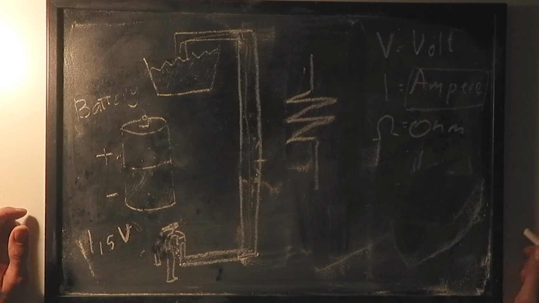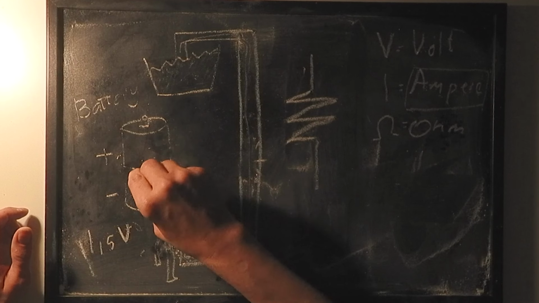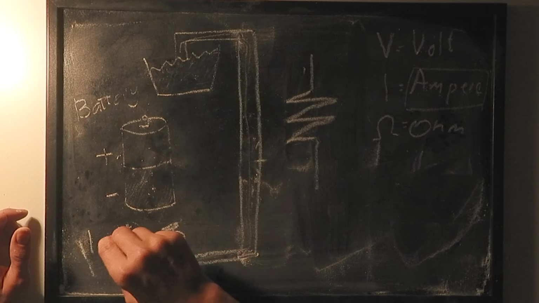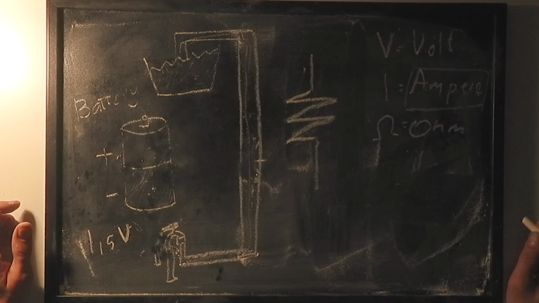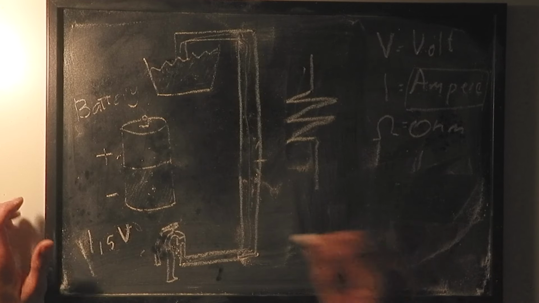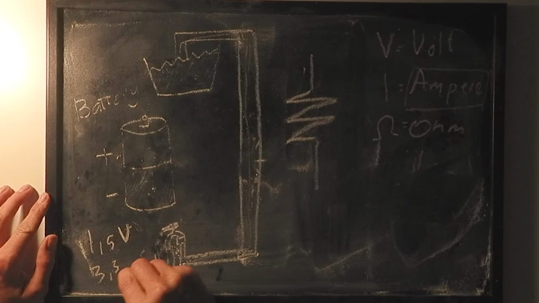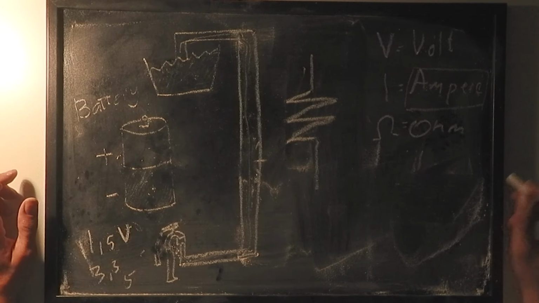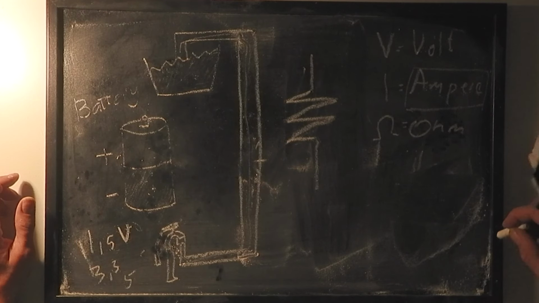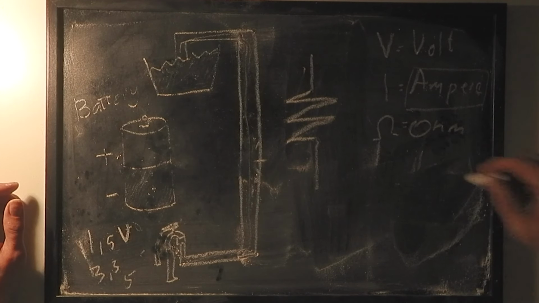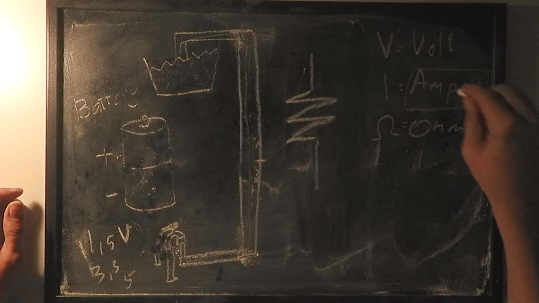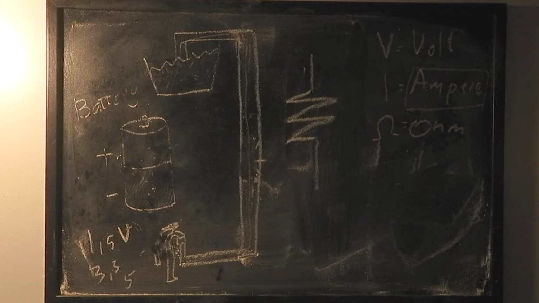And usually, in most cases, or at least in many cases, you have the same strength of the battery. It's often 1.5 volts, for instance, and in electrical circuits, it's often 3.3 or 5 volts. So what we can change is the ohm, the resistance, and that way we can lower the amps.